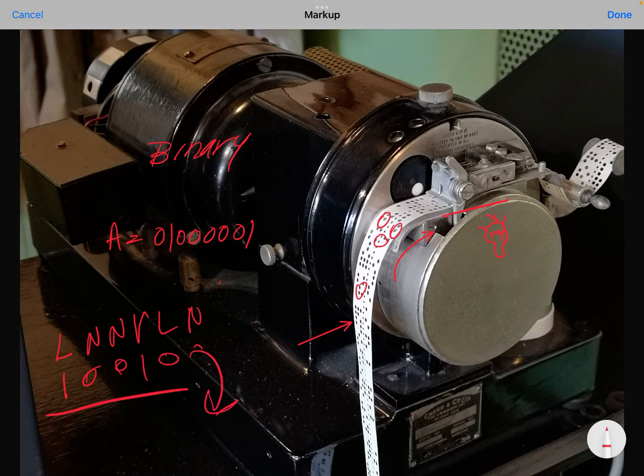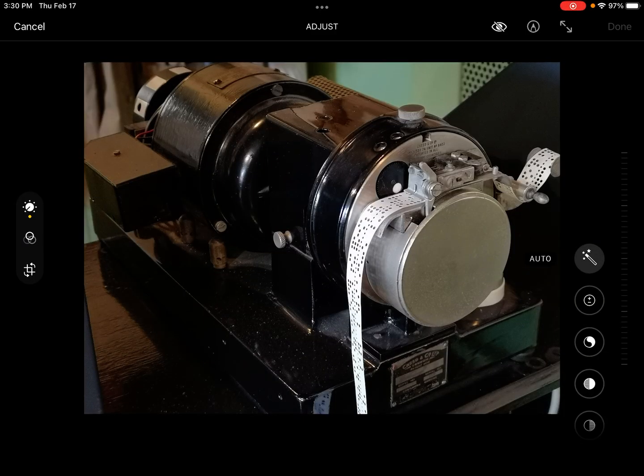This is how you see whether it's 0 or 1 or A or B or C or D. So this punch-hole method was the first generation of hard disks, or of saving information.